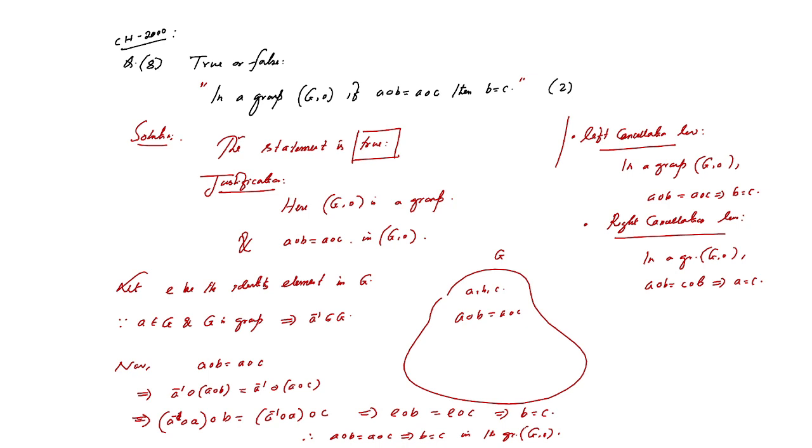Now we come to the next important question, question number 9, and this question was asked in the year 2002 as well as 2008. So what was the question? True or false?